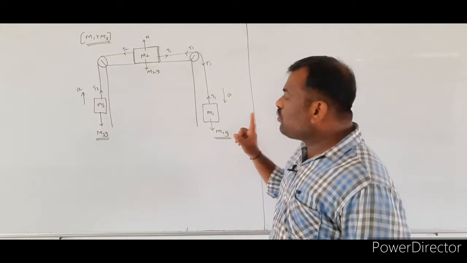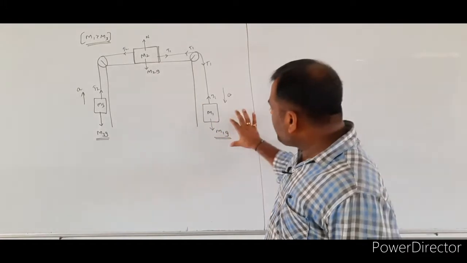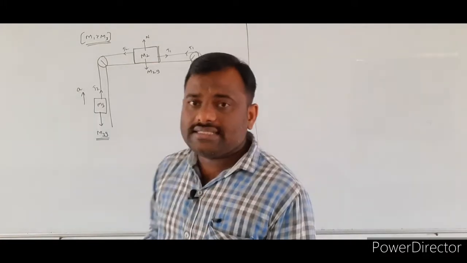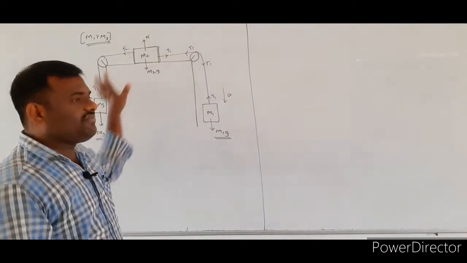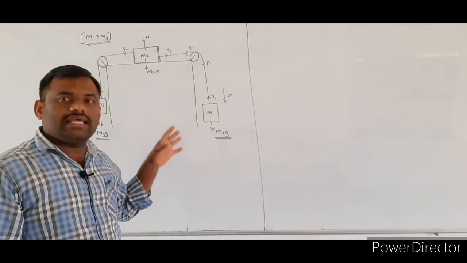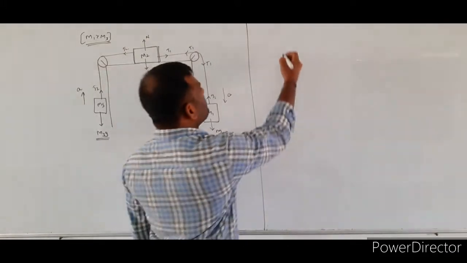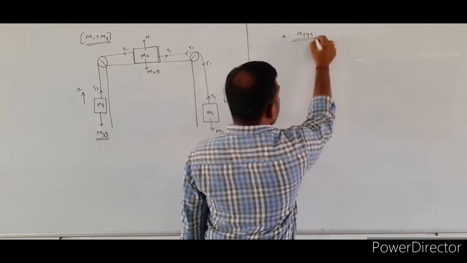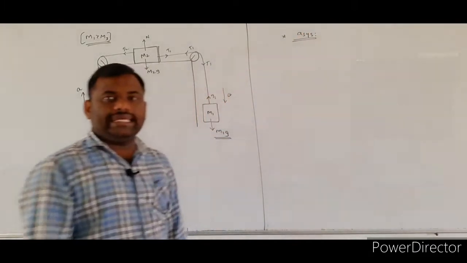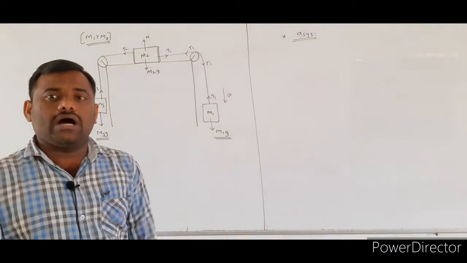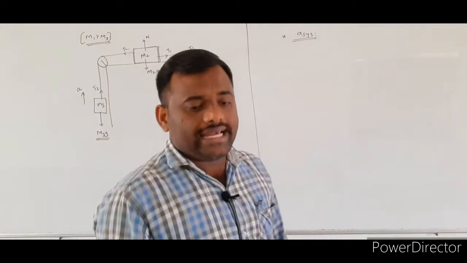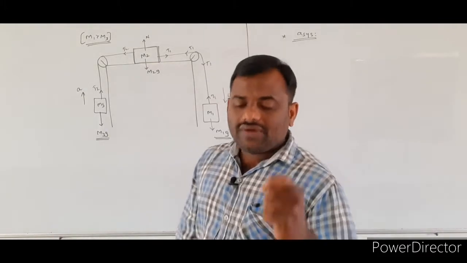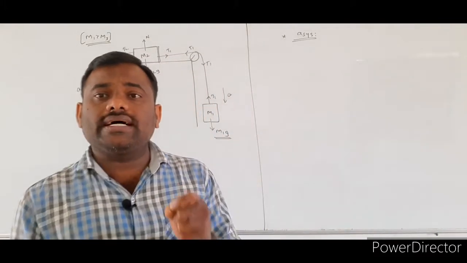The cause for the motion of the system is the m1g and m3g values. Already in the last class I told, whenever bodies are connected with the help of strings, the first thing we have to calculate is the acceleration of the system. For calculating the acceleration of the system, you require the net force acting on the system.